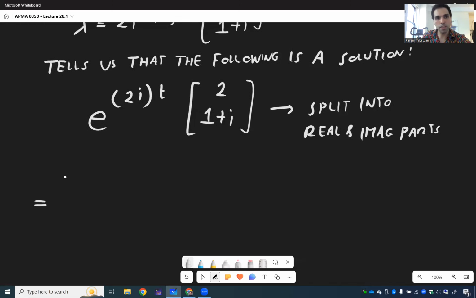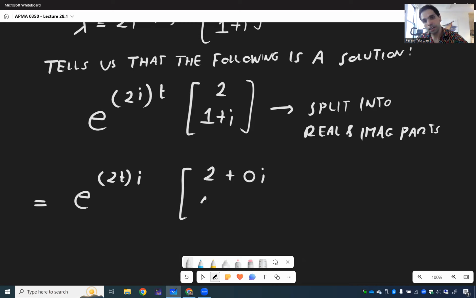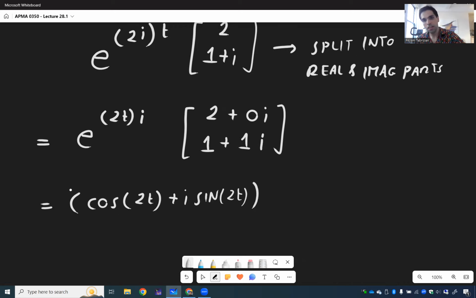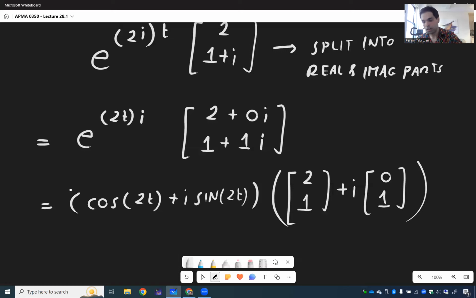So remember, this becomes e to the 2ti, and then (2 plus 0i, 1 plus 1i). We want to use Euler's formula, so this becomes cosine 2t plus i sine 2t, times (2, 1) plus i (0, 1). Pull this out.